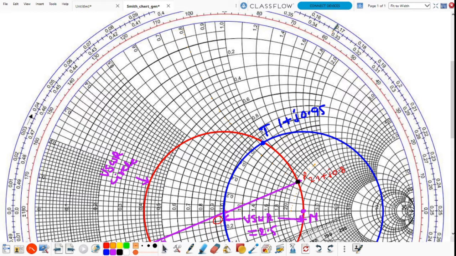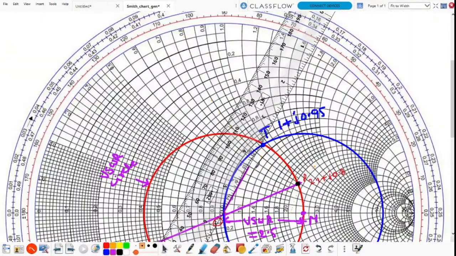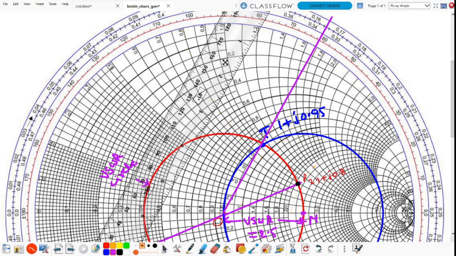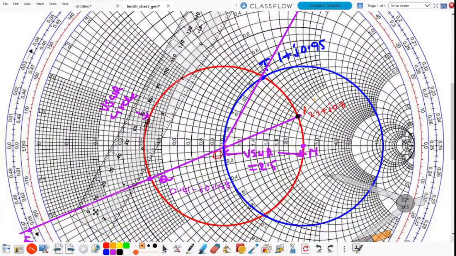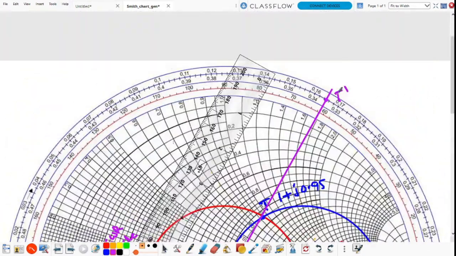That extended line cuts the outer circle rim, and that crossing point is considered as point T dash.